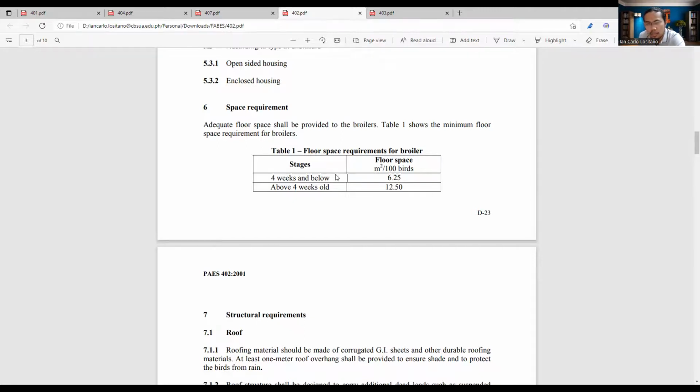And well, it is because of the requirement of the market. In the US, where Americans like their birds bigger, so they harvest at more than 60 days, I think. So that's the difference.